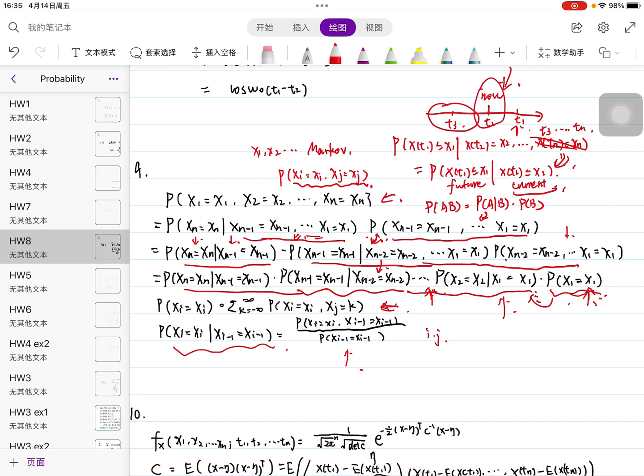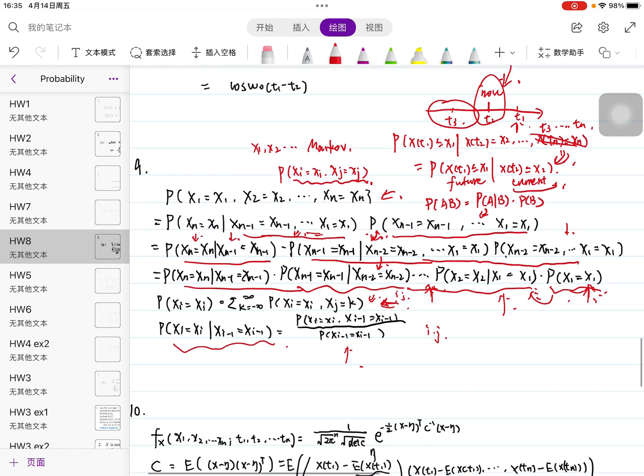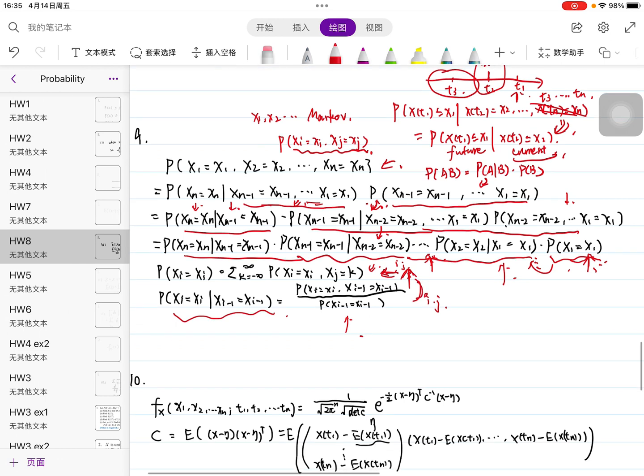Since it has two variables here, i and j, if we wanted to find xi equals to xi, j should be summed up, right? And based on those two expressions, we could know that we could just calculate the p of xi equals to xi and xj equals to xj.